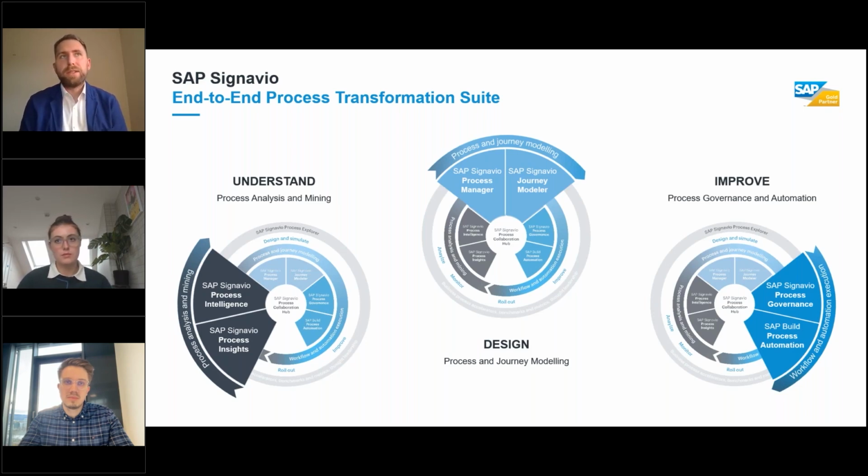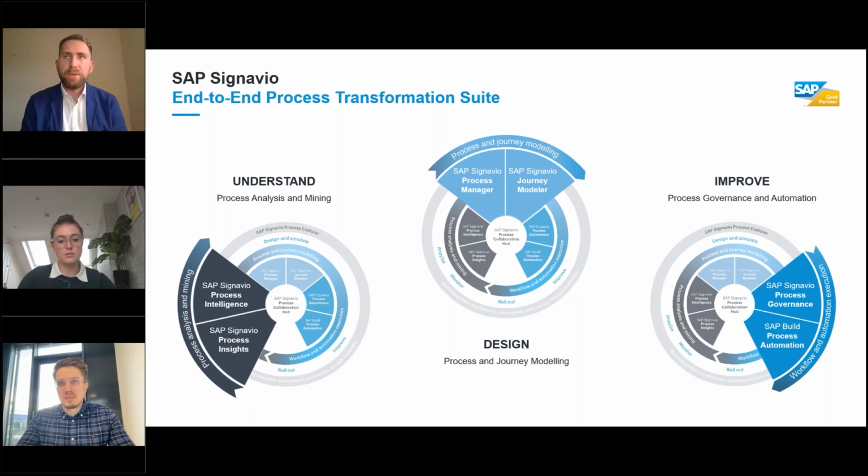Basically, you can structure the suite into three main parts. The one on the left is the understand part, consisting of process analysis and mining components. Then we have the design part in the middle. That's for process design, for process modeling, for keeping the single source of truth of your process landscape in your company.